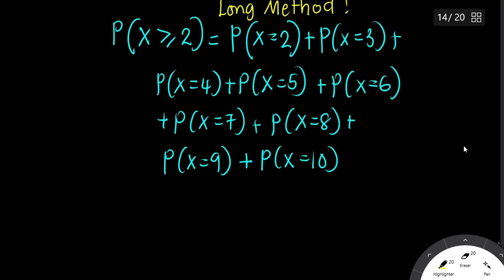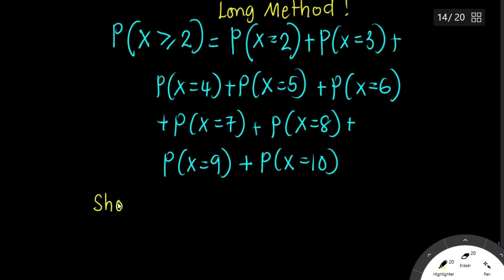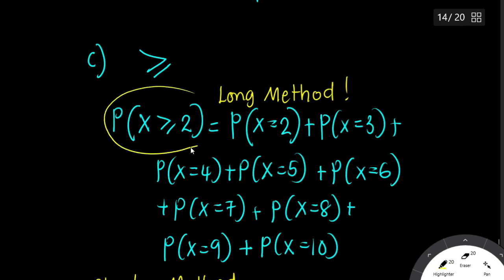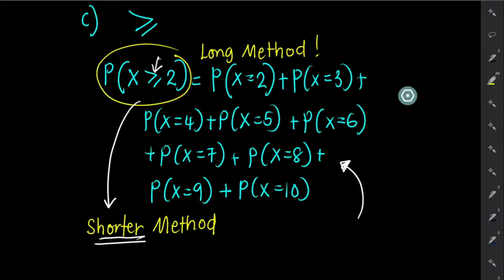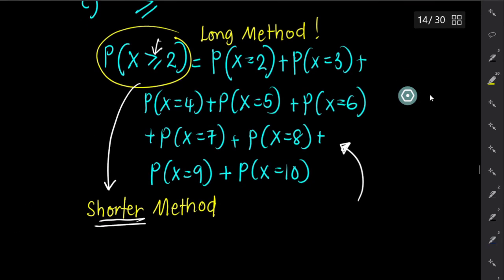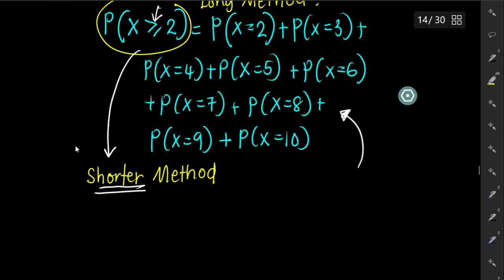So what we do, we try to make it shorter. Okay, shorter method is, instead of using greater than, what we do now is we use the shorter method. Here at least two students must wear glasses, isn't it?